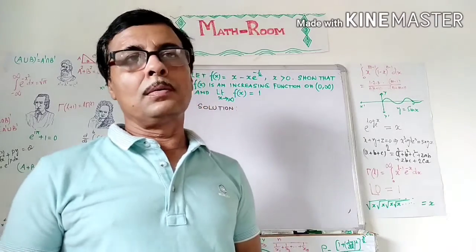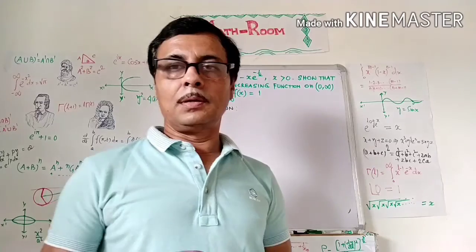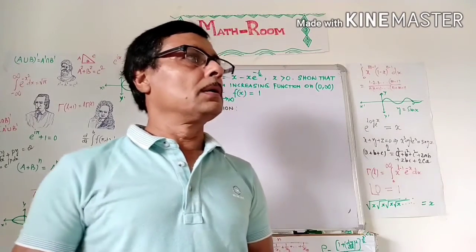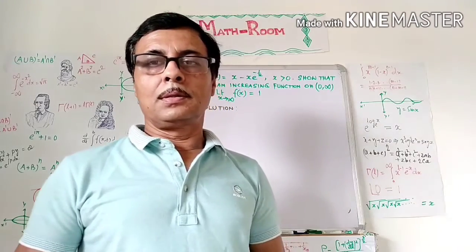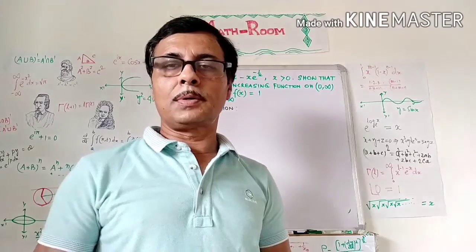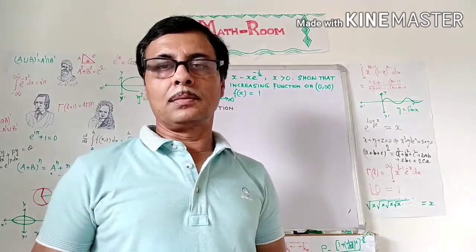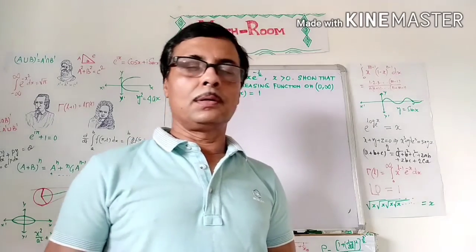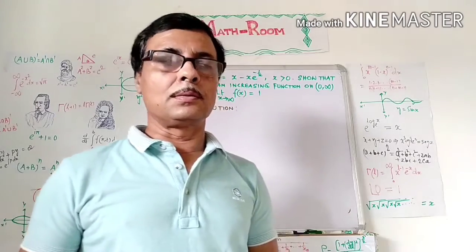We have already known the condition of a function to be increasing or decreasing. If a function is an increasing function, then its derivative with respect to the independent variable is greater than 0. And if it is a decreasing function, then its derivative is less than 0.